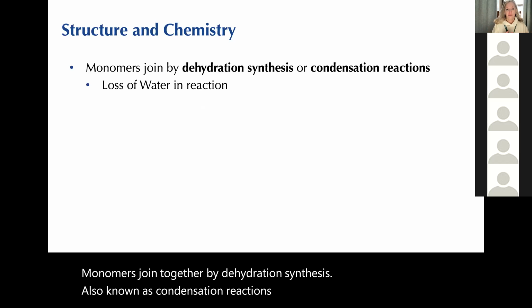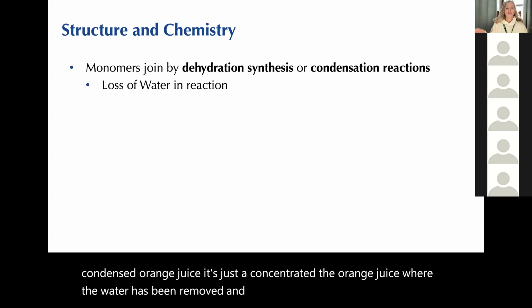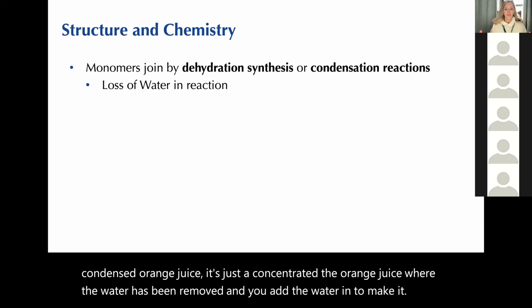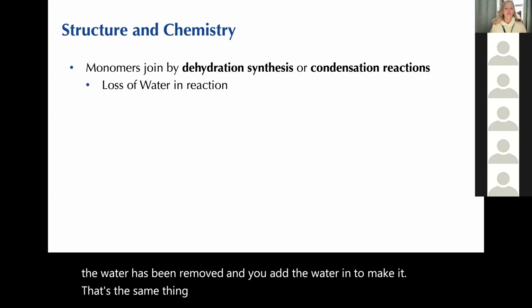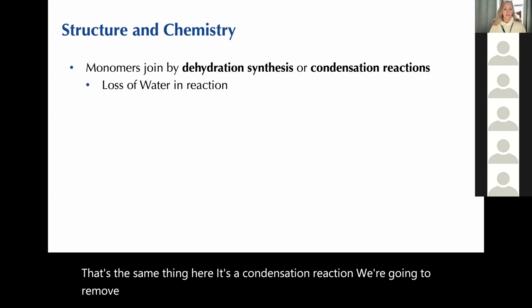When you have sweetened condensed orange juice, it's just a concentrate of the orange juice where the water's been removed, and you add the water in to make it. That's the same thing here. It's a condensation reaction. We're going to remove water from our substances to condense them together.